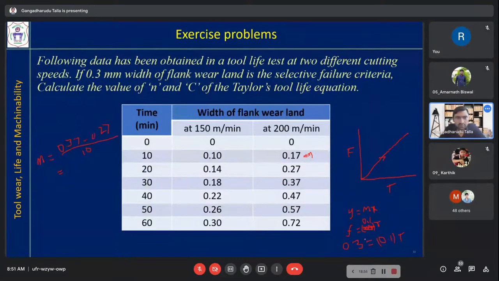Okay, all these values are in mm. So now tell me, anyhow, m will not change. Feed is 0.3. Sorry, not feed. Where this is 0.1 only. Now T we are getting as 3, but it should not be 3. Now what is the unit?